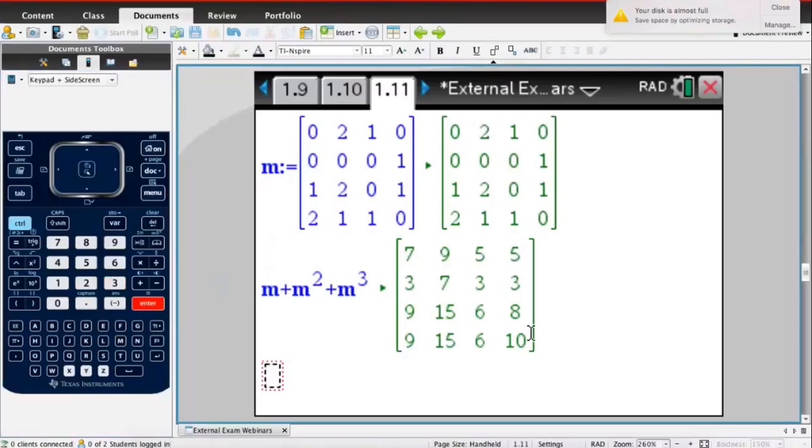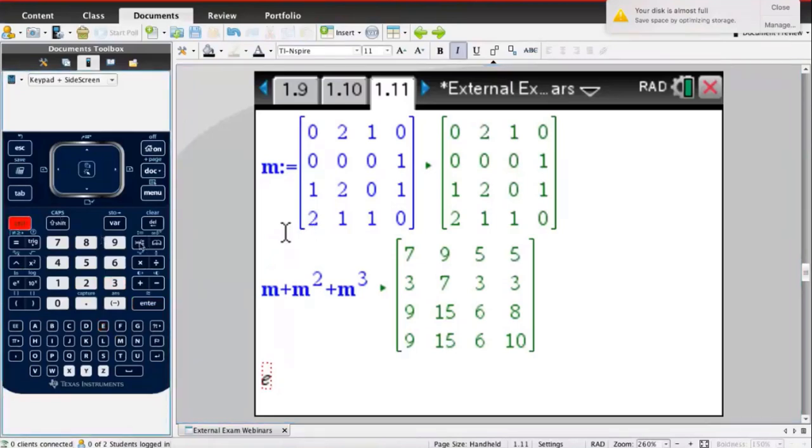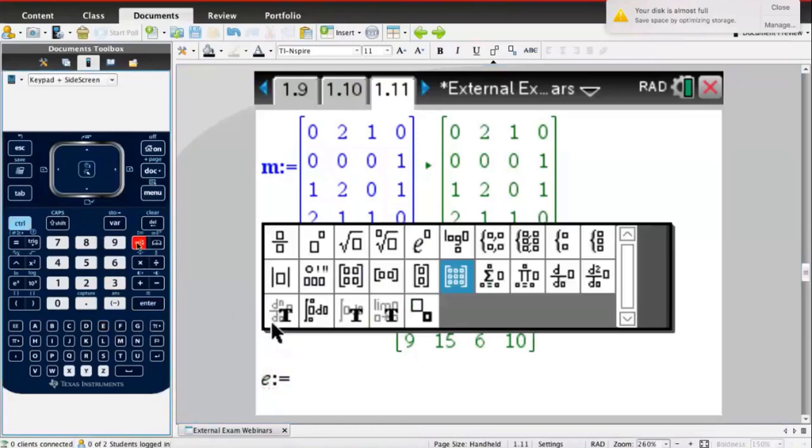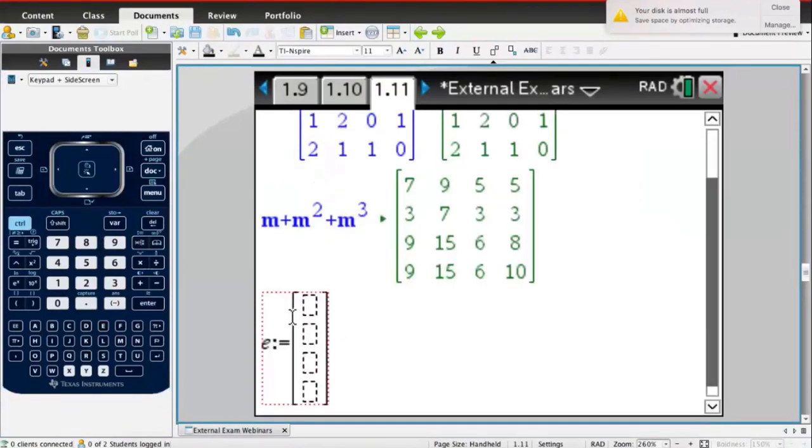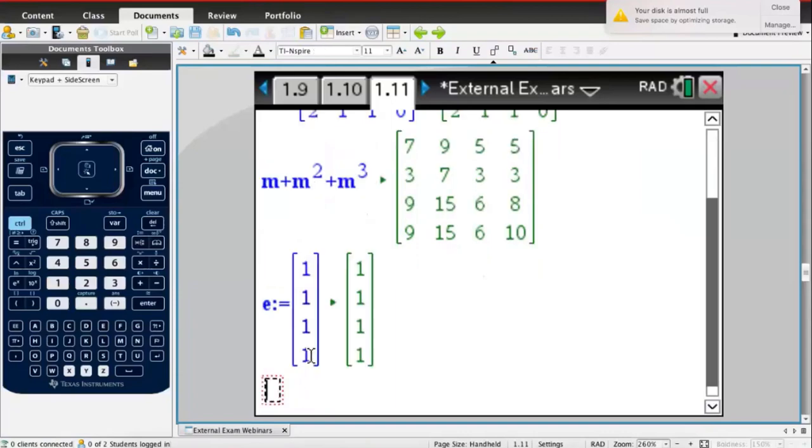So I'm going to assign another matrix E that will sum up the rows for us, so we can go control equals, and E is just going to be a column matrix, and it's going to have 4 rows, and it's just going to be filled with ones. So just remember to hit enter and stay inside the math box.